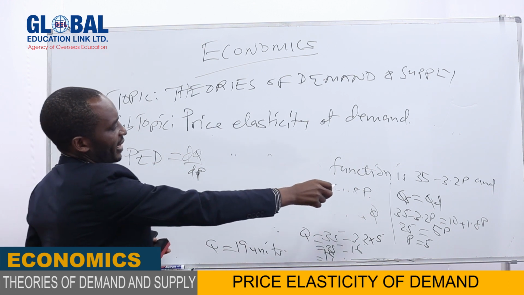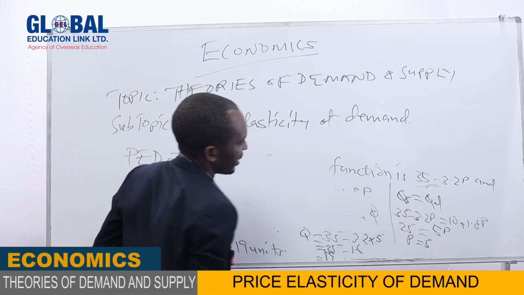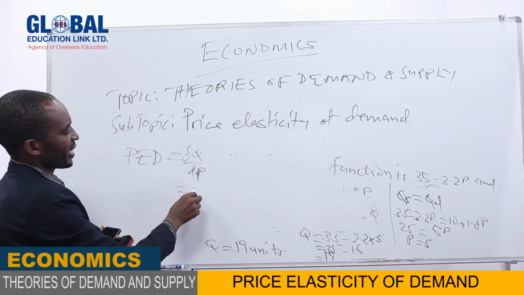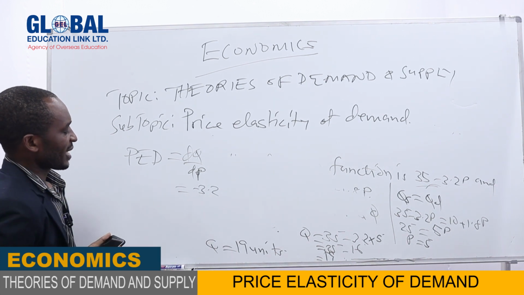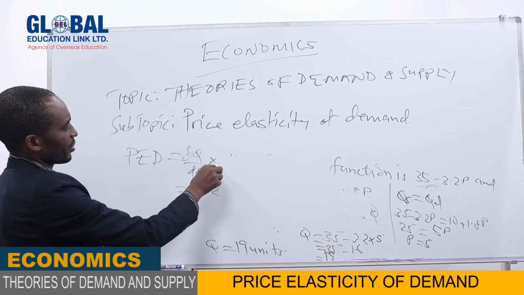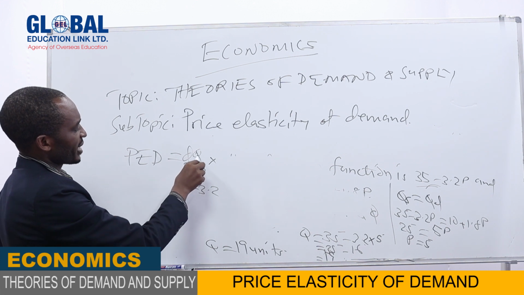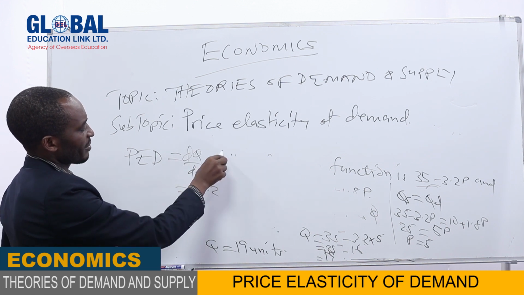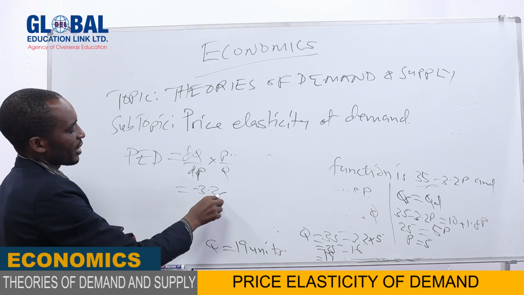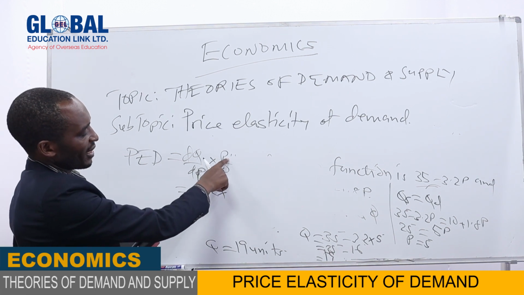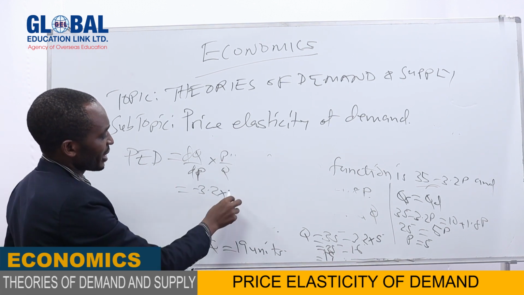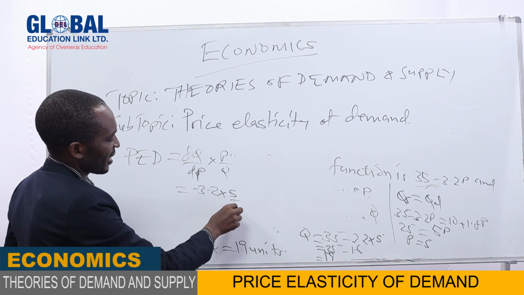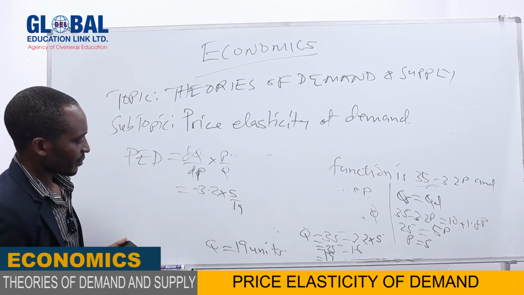When you differentiate the demand equation, it will be negative 3.2. Now, we know price elasticity equals change in Q over change in P times P over Q. So you multiply by the equilibrium price and equilibrium quantity, which is 5 over 19.